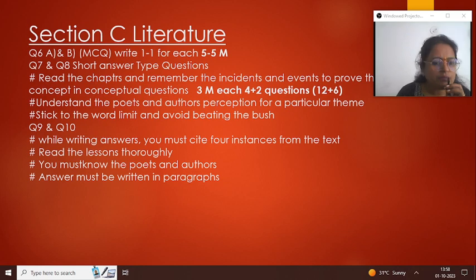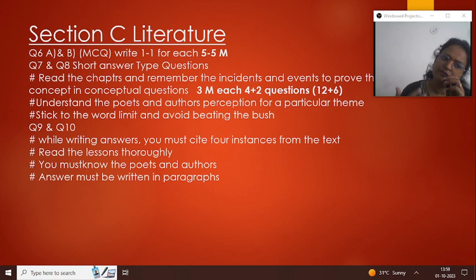Then you must know the poets and authors, because to make the writing more effective, you should mention them, their awards, their special achievements, in the answer. Answer must be written in paragraphs. It's a big answer, 6 marks one, so 2 paragraphs, 3 paragraphs, wherever necessary 4 paragraphs also, okay. And you should underline the important points.